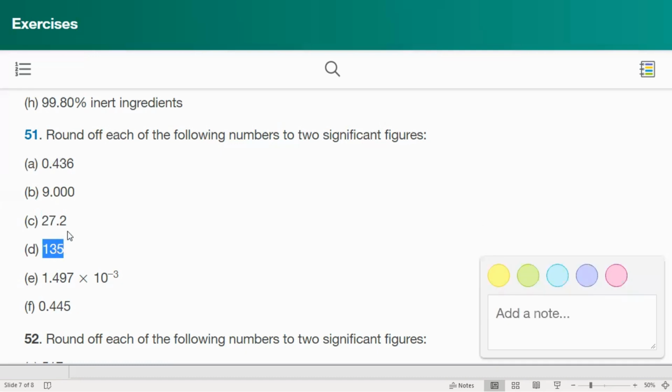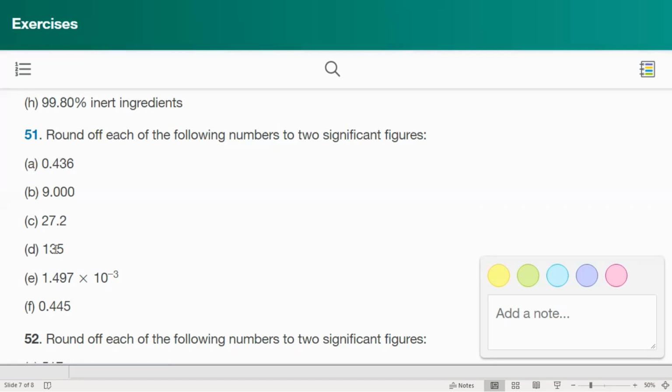This one should be 1, 3, and then the trailing 0. The final number should be a 0. It should be converted to a trailing 0. Since that number is 5, the last significant figure is rounded in a way that it should be made even.